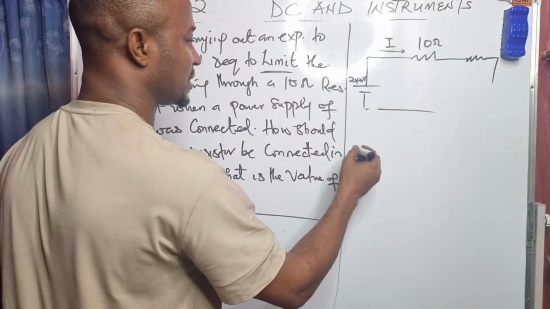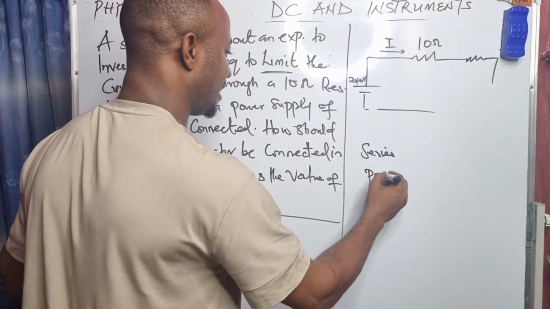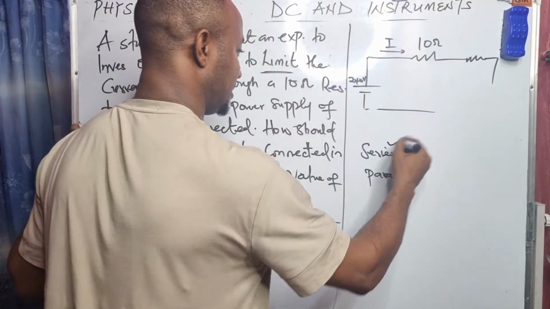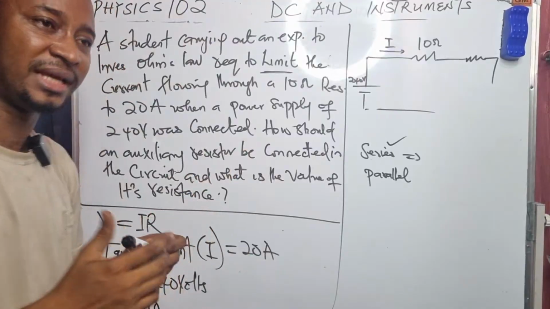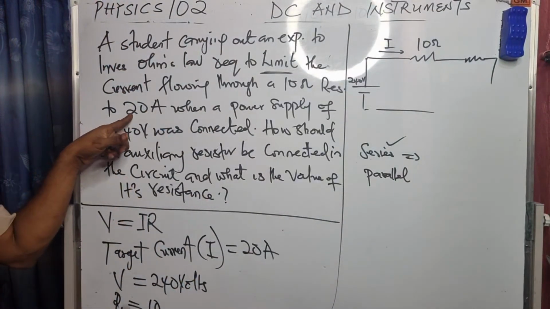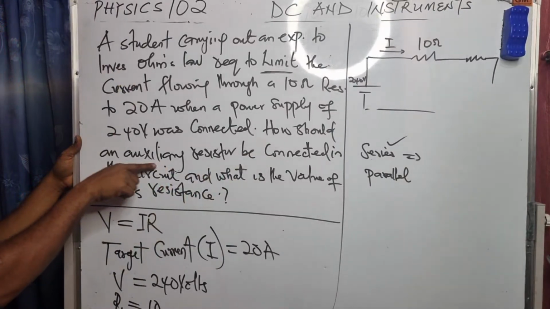Now, I asked the question: if I have resistors connected in series and in parallel, which of these will increase the resistance? It is series. Series connection tends to increase resistance. So for me to limit this, we have to increase the resistance of that circuit by adding an auxiliary resistor.